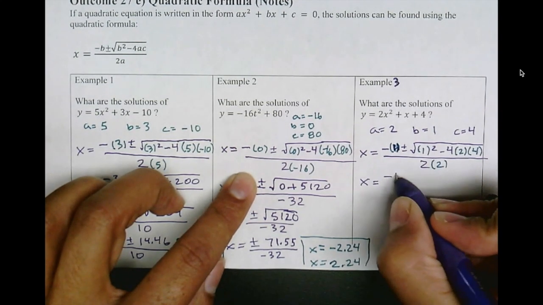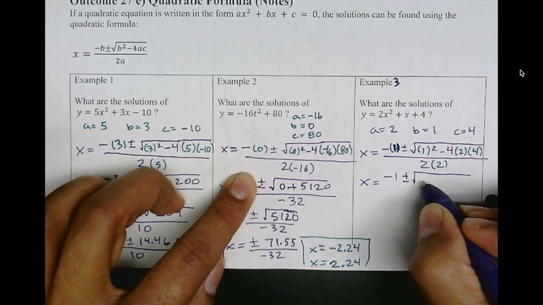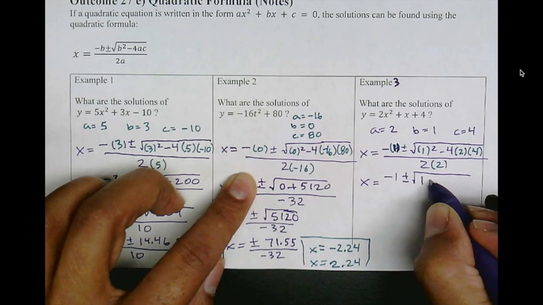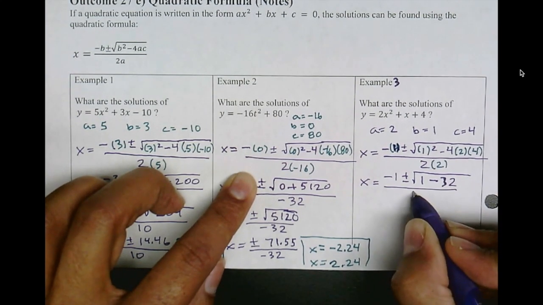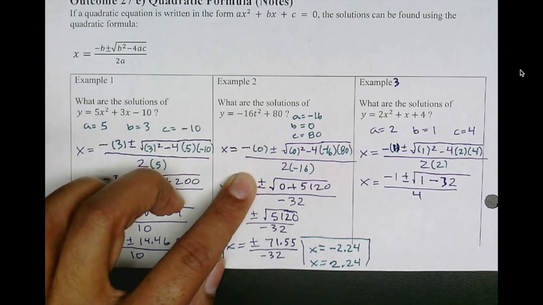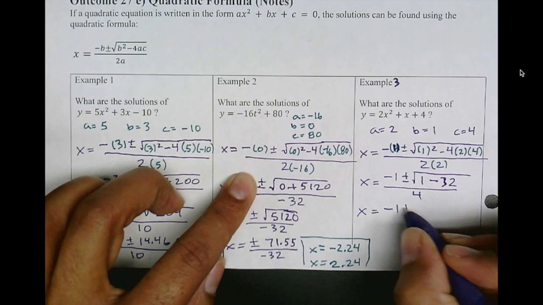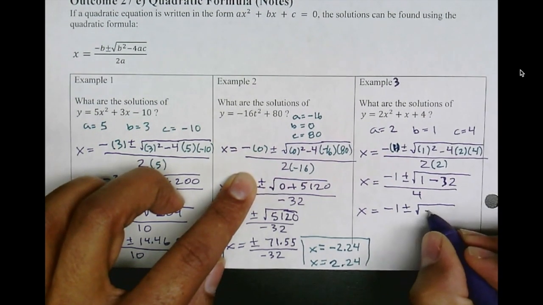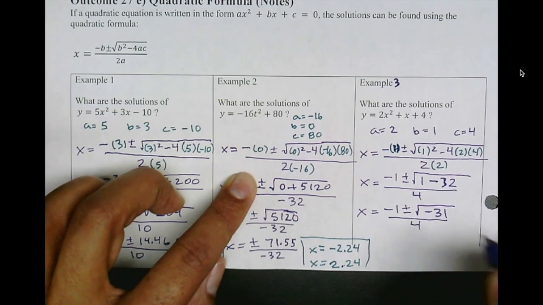That's a negative 1 plus or minus the square root of 1 squared is 1, and negative 4 times 2, 8 times 4, that's a negative 32. And that's all divided by 2 times 2, which is 4. So we continue to simplify under our radical. Negative 1 plus or minus 1 minus 32. That's negative 31. And that's all divided by 4.